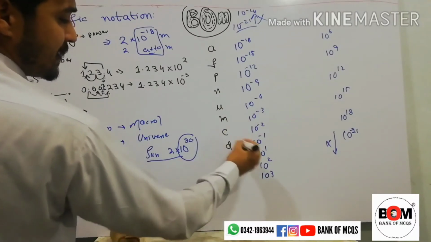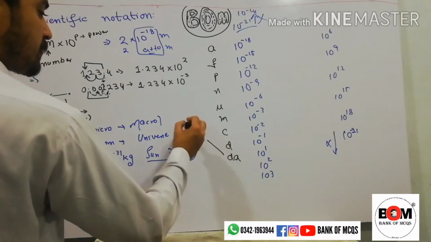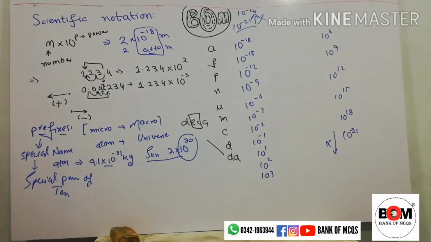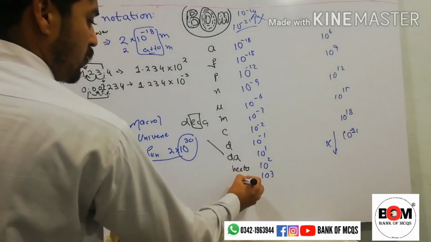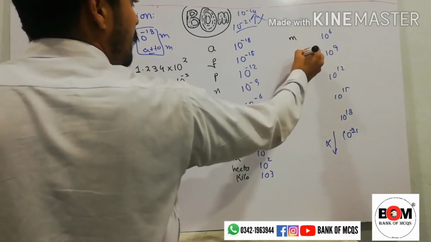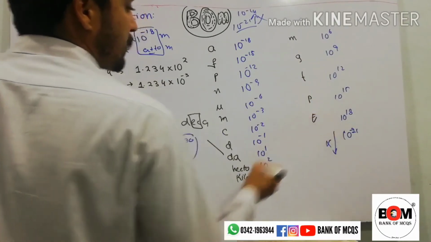So there are deci and deca. Then hecto, kilo, mega, giga, tera, peta, exa.